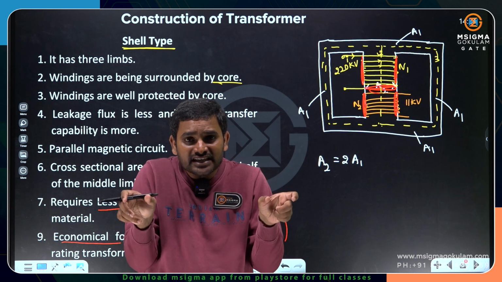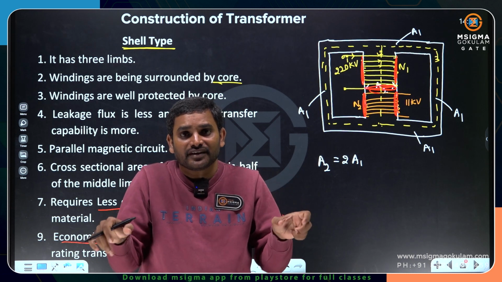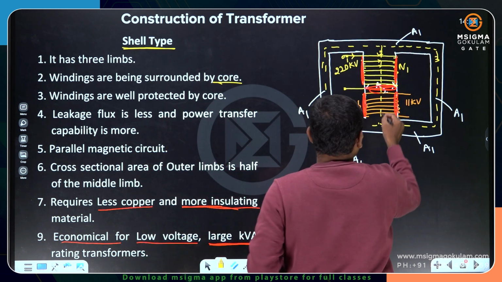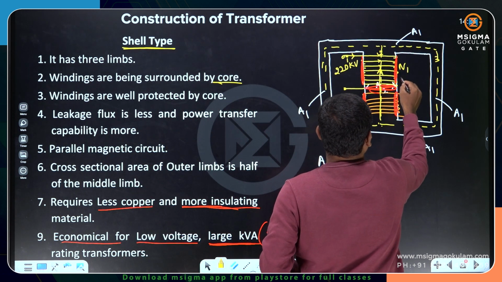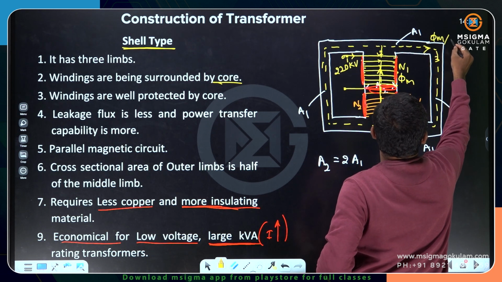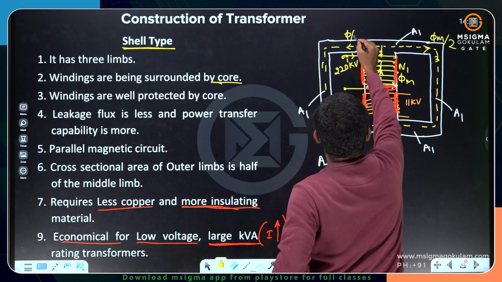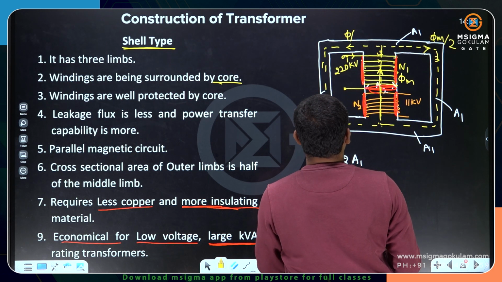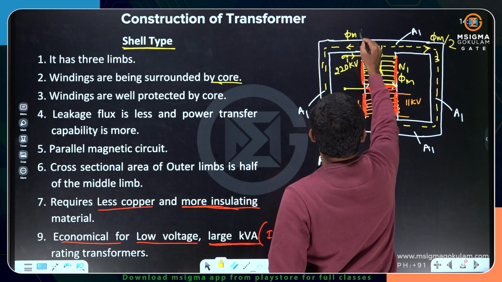As the area of cross section is the same, the reluctance offered is the same. If the reluctance offered is the same, flux division will be equal. If the flux in the middle part is phi m, the side parts will each be phi m by 2.